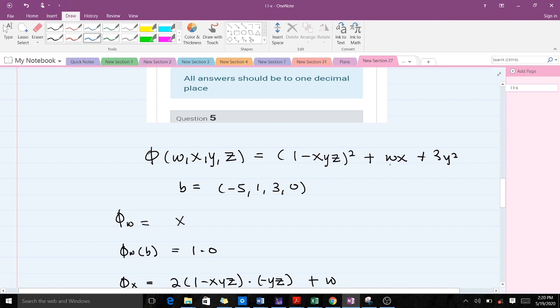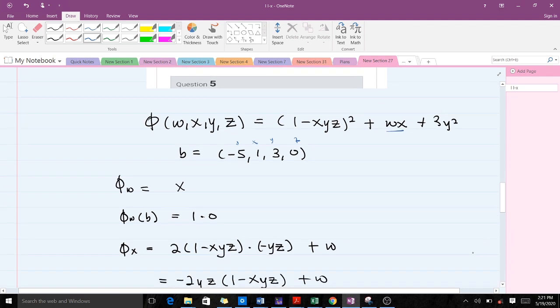Then here, because you have w here, when you differentiate this, you're going to get x, and this will be 0 because you don't have any w here. So that means you're going to have phi w to be just x, and you realize that with the point, this is w, this is x, this is y, this is z. So x is equal to 1, so that means phi w of b will be 1.0.